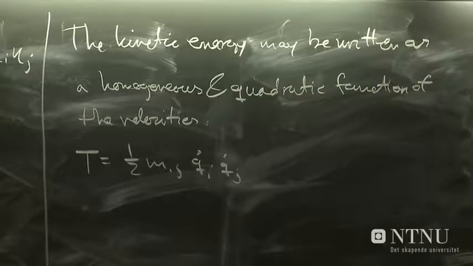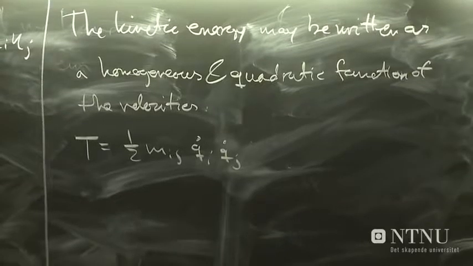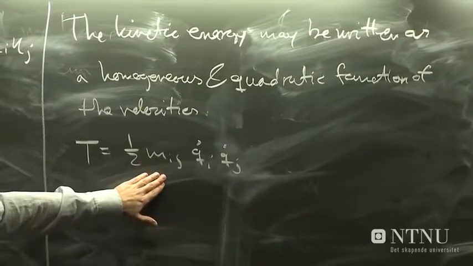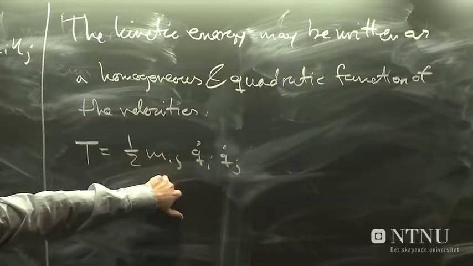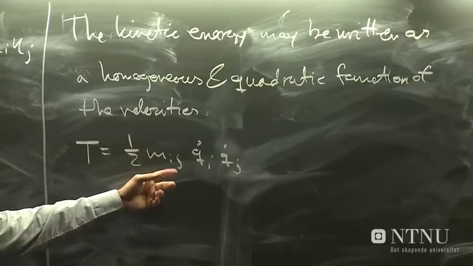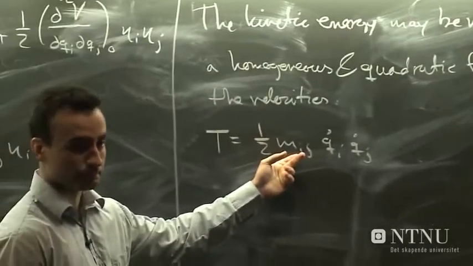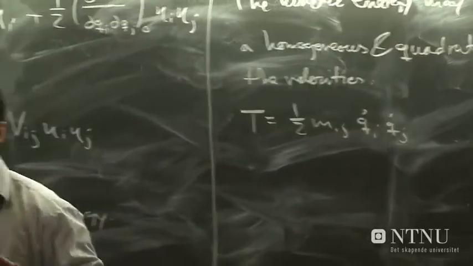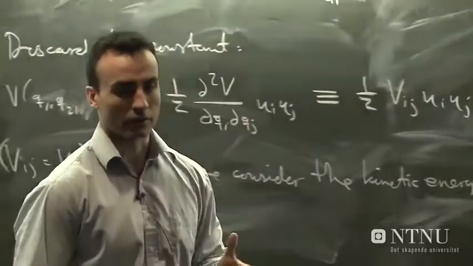So what we'll do here is generalize the ordinary expression for the kinetic energy, which is 1/2 mass times velocity squared, to this double sum. So we consider a matrix, if you will, M with elements Mij, and we take into account the fact that we might have cross terms in the velocity.